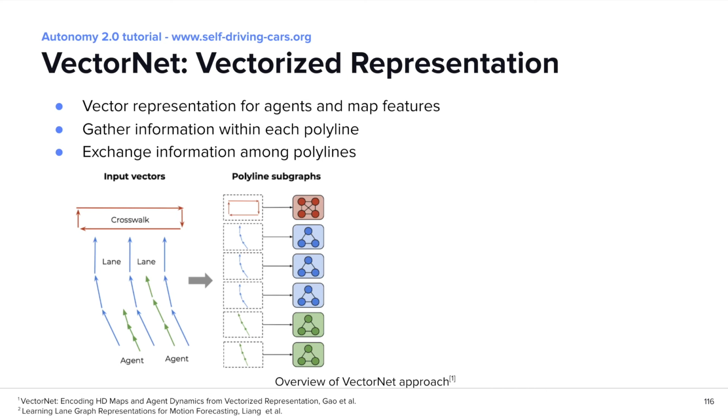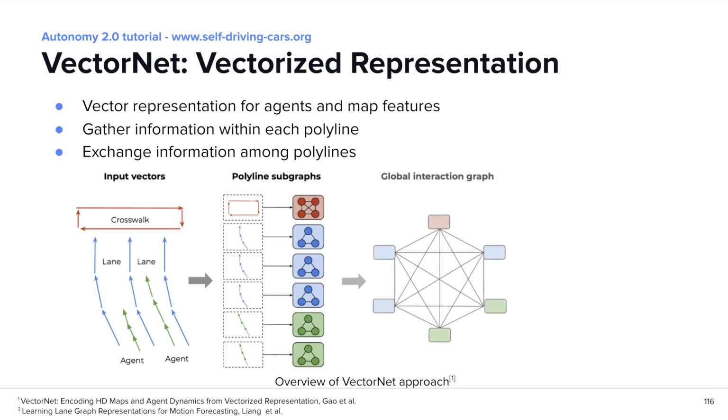Then they design a hierarchical graph neural network containing a local subgraph to gather information for each polyline, and a global interaction graph to exchange information among polylines and model the interactions between them. This global interaction graph is implemented as a self-attention transformer layer.